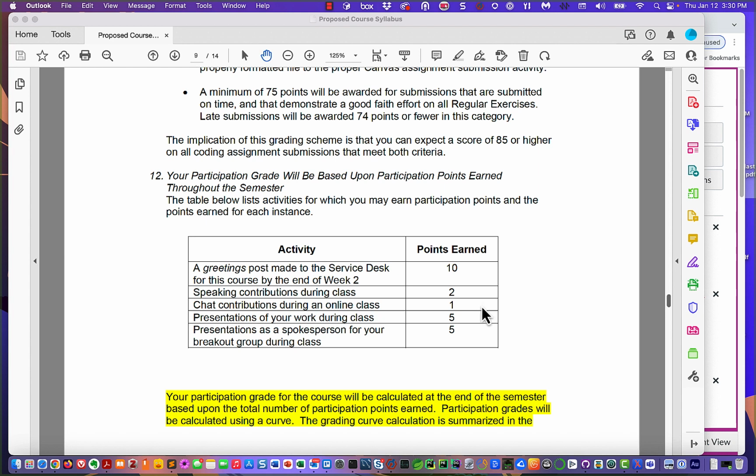If you're in an online class and you chat, you'll earn 1 for the chat. If you make a presentation of your work, typically your coding assignment, you'll earn 5. And in addition, if you act as the one spokesperson for your breakout group, then you'll earn 5. And we just add them up all semester long.